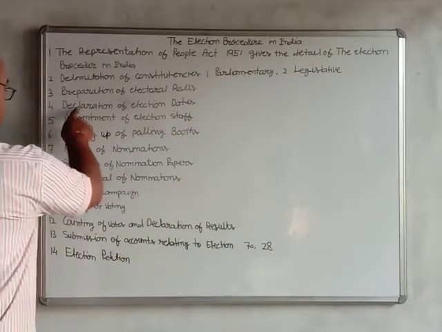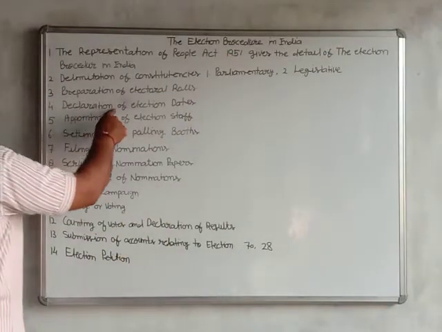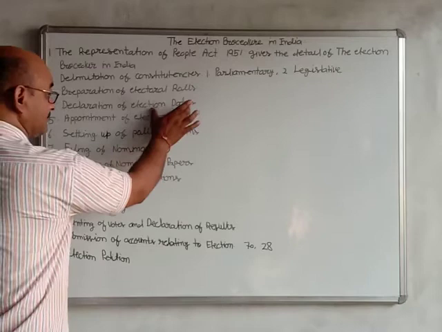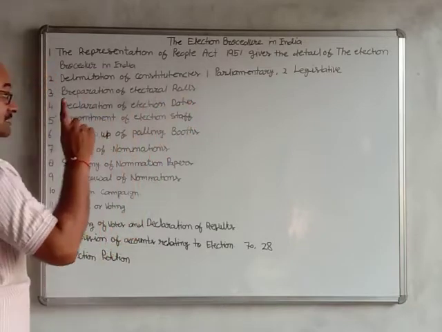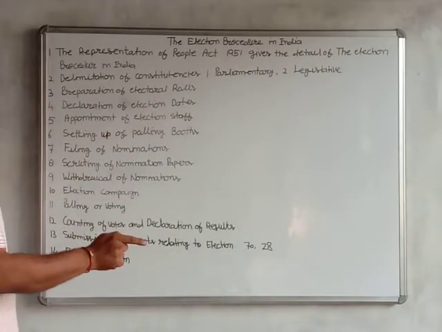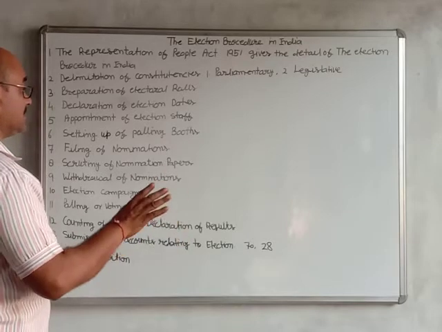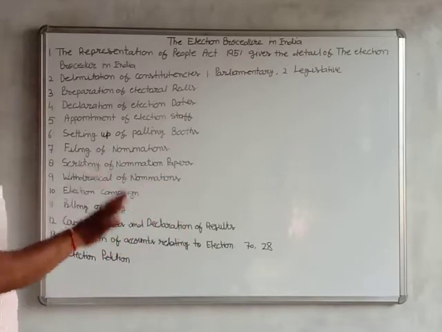So it is the third step, the declaration of the election dates. It will be decided by the Election Commission under the reports of the various levels of officers in India.